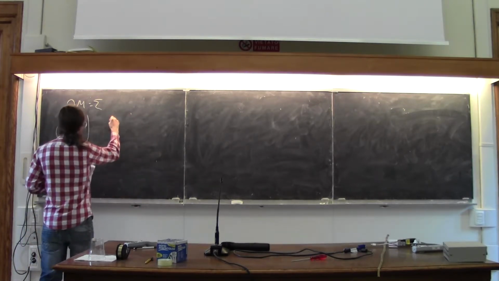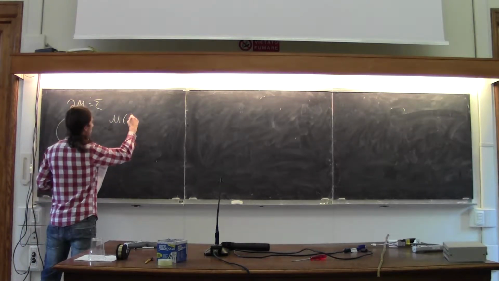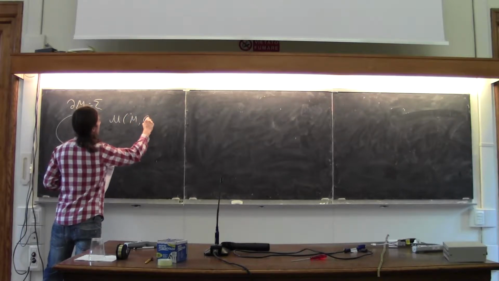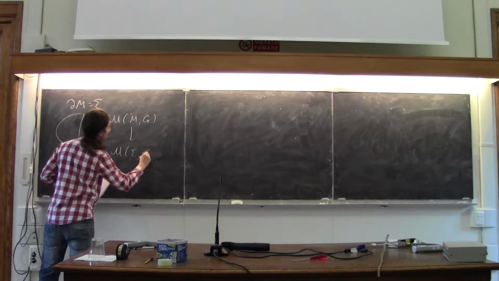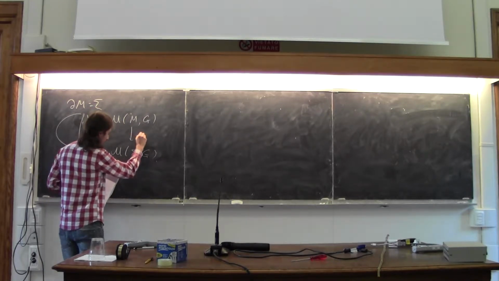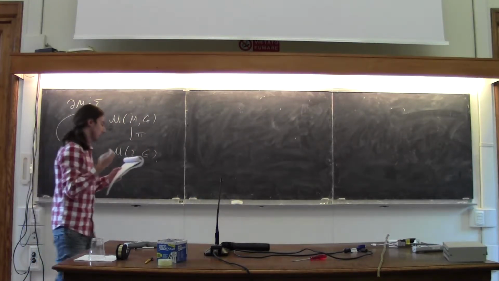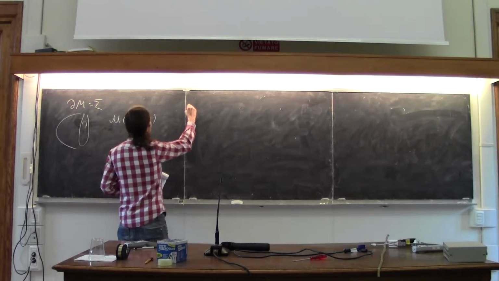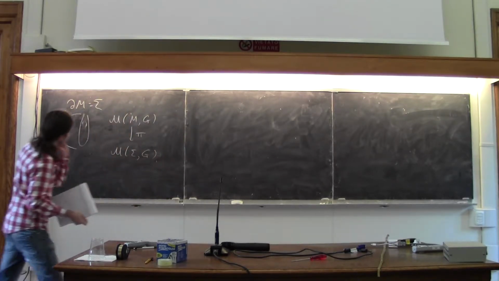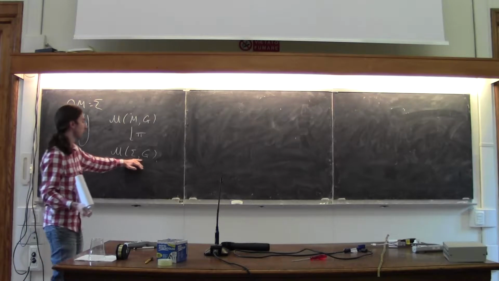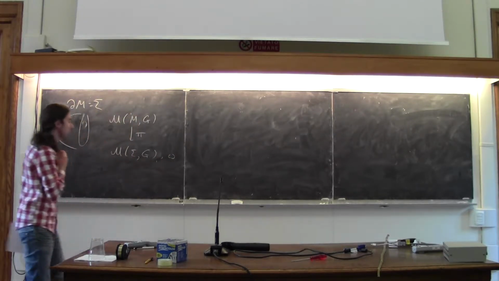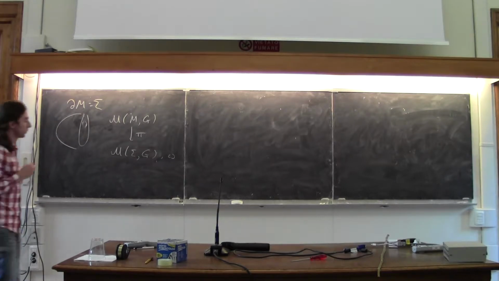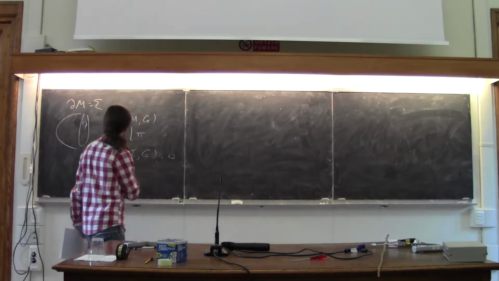then we have a map from the moduli space involved to the moduli space on the boundary. And the theorem is that the image of this map is a Lagrangian submanifold downstairs. So we know that this one is equipped with a symplectic form, which we discussed yesterday.